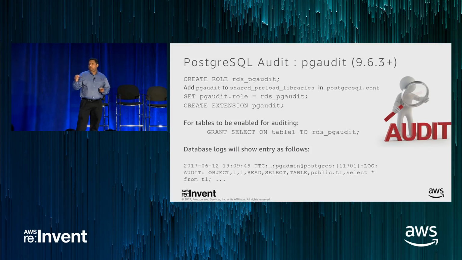You create an extension, configure it, and grant that auditing user privileges to access certain tables that you want to monitor for auditing. Every access to those tables will now be logged into your database logs. So this is now available on RDS Postgres.